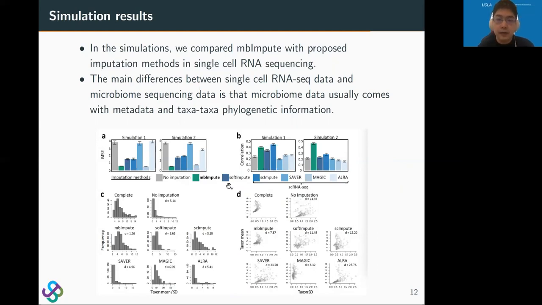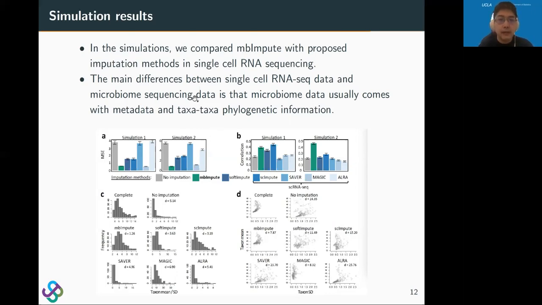You can see here a method called softImpute. This is a matrix factorization method, a matrix completion method that was proposed to deal with the Netflix data. We think that matrix completion and our imputation have some kind of similarities, so we include this method to compare with.